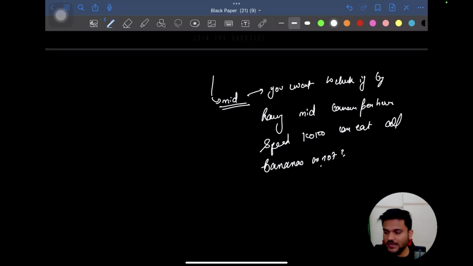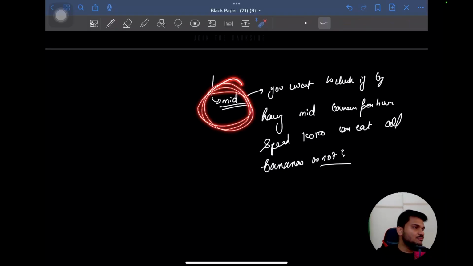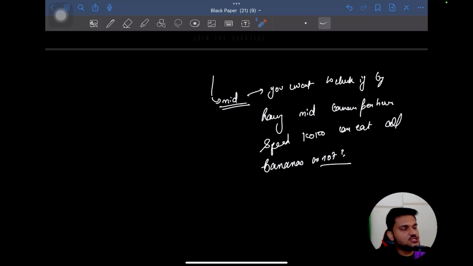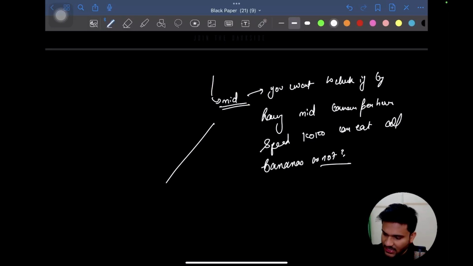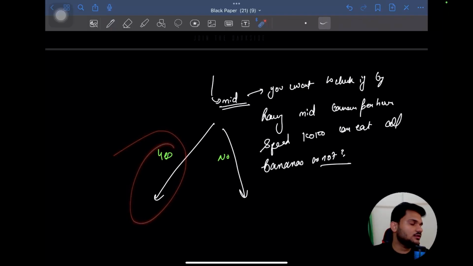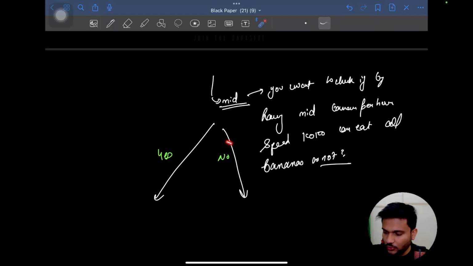Okay. So let's say for some particular value mid, you want to check whether Coco, if she has mid banana per hour speed, can eat all the bananas or not. Just think about it. There will be two outcomes of this question, either yes or no. That yes, she is able to eat all the bananas with mid banana per hour speed, or she is not able to eat all bananas with mid banana per hour speed.